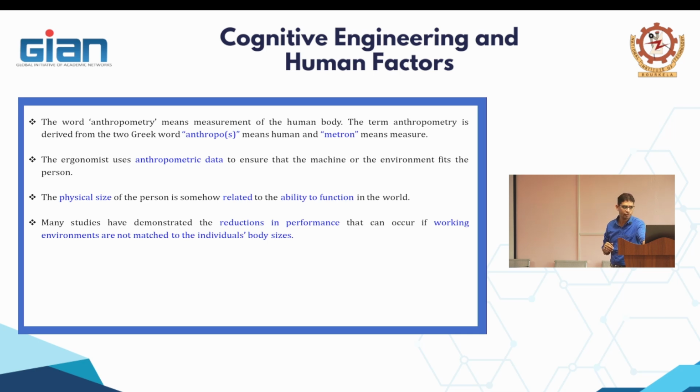So this is the mismatch. The physical size of the person is somehow related to the ability to function. This is basically related to the example which I was quoting. Okay, the physical activity which we are performing, the functions which we are performing, are related to the size. Maybe for a taller person it is fine, but for a shorter person it may create difficulty.